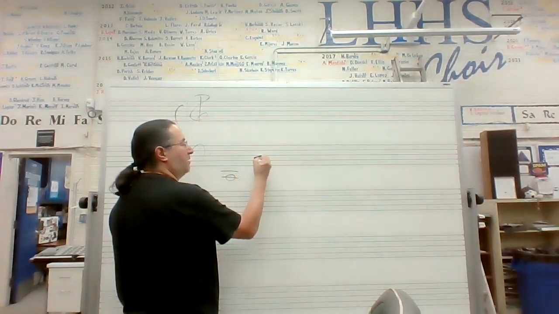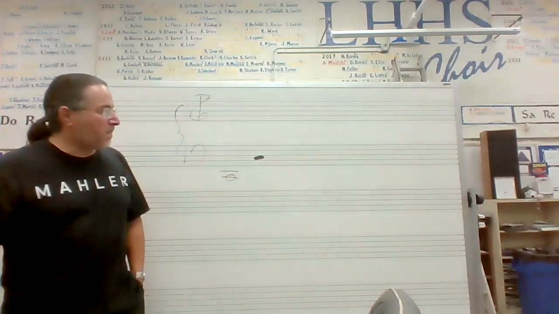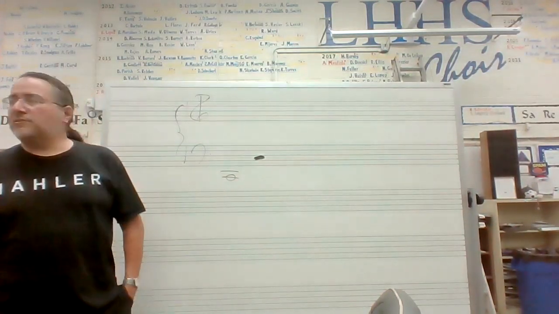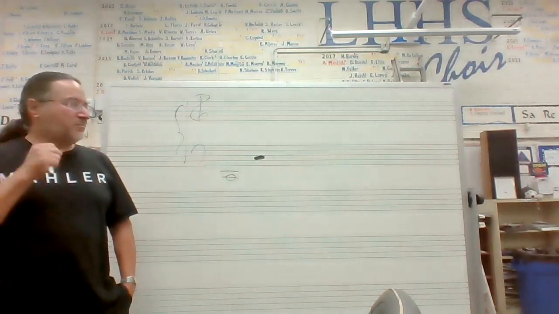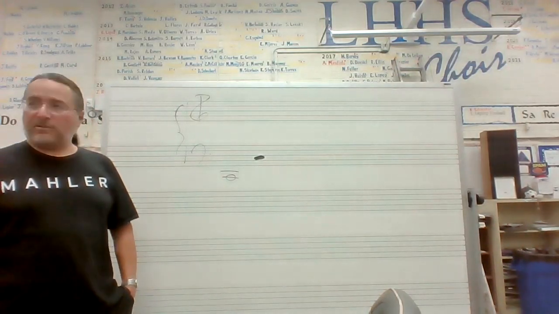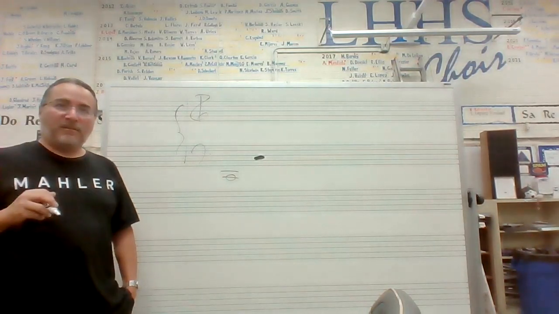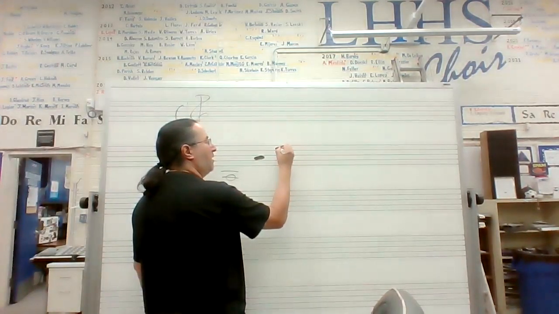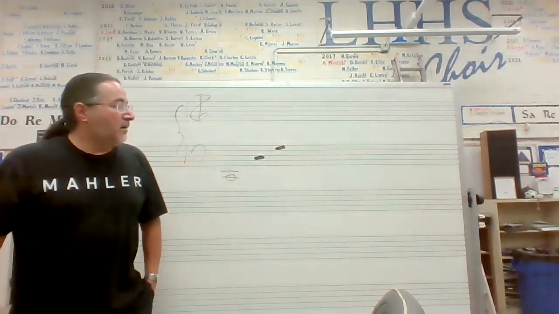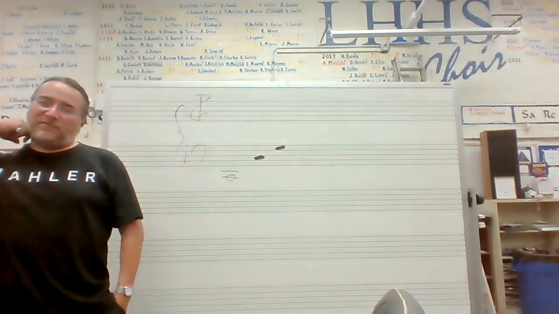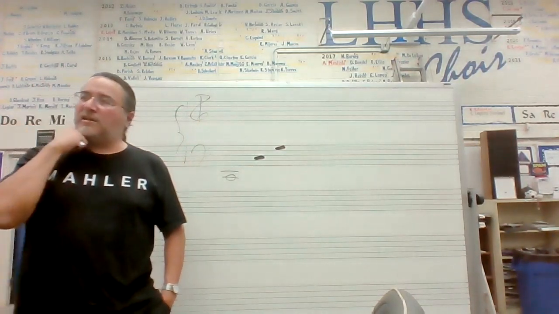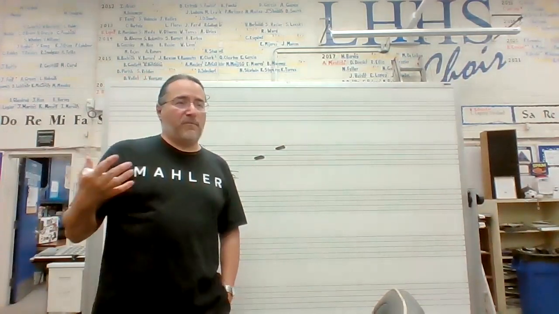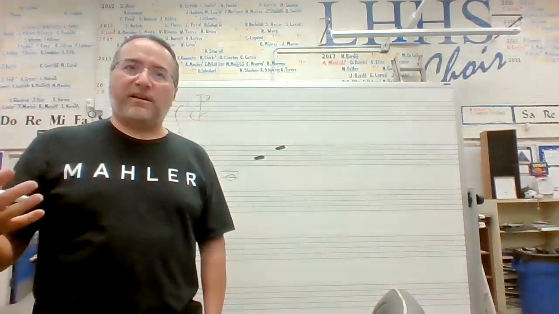Let's color them in so you can see them a little better. Okay, so now we have two C's. What's the next partial? The third partial. Aaron? The fifth, okay. Now, these are happening because of the physics of how a string vibrates, or any vibrating body creates pitch.